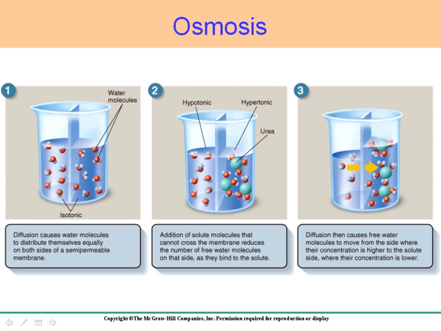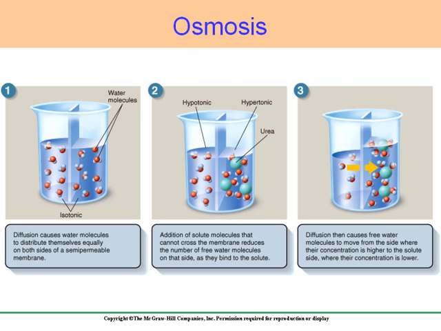At number 3, what you're going to see is movement of water molecules. These water molecules are going to move from the left-hand side of the beaker to the right-hand side of the beaker, crossing the semipermeable membrane. The water molecules are going to move from where we have a higher water concentration to a lower water concentration, based on the fact that a significant portion of that area is composed of urea molecules.